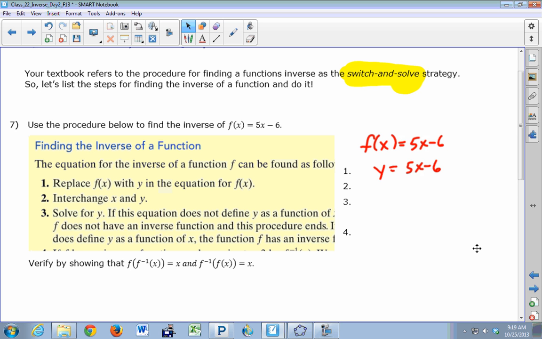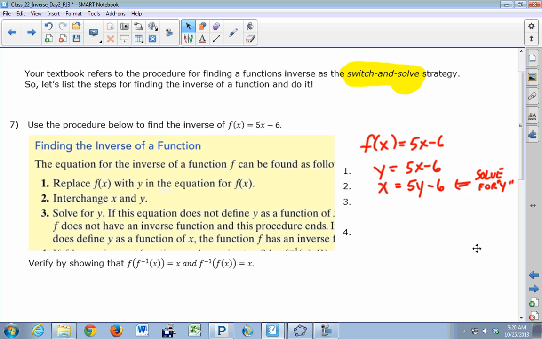Everywhere we see a y, we write an x, and everywhere we see an x, we write a y. So we interchange the x and y, and now we solve for y.